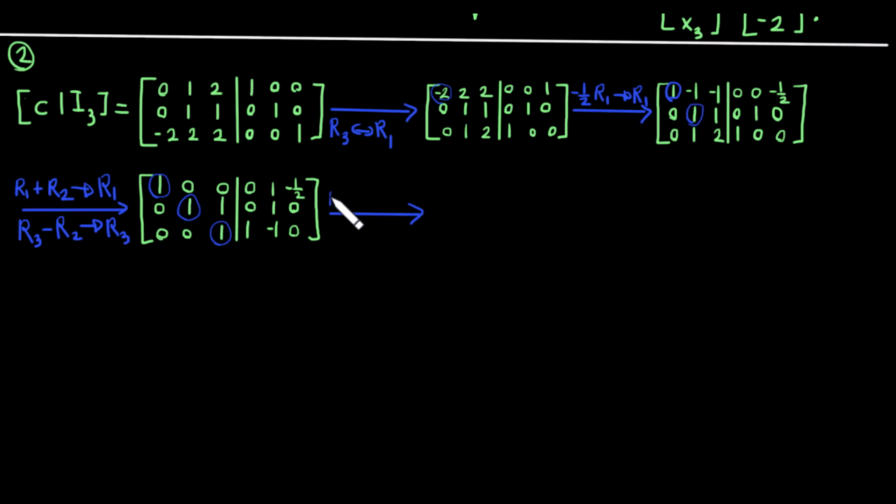So row 2 minus row 3 in row 2. I will change the color. I will speed it up because we will not change this row and this row, so I will write them in a very fast way.